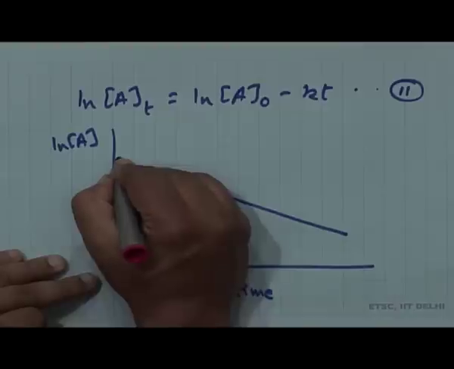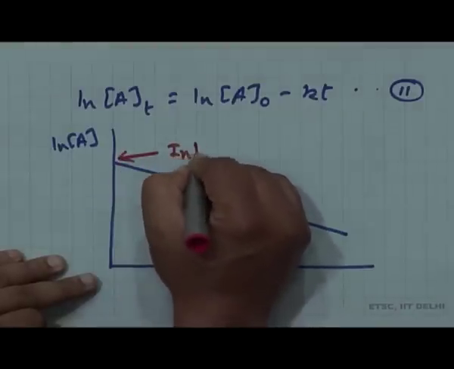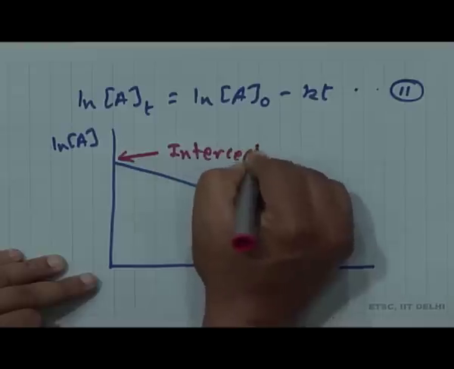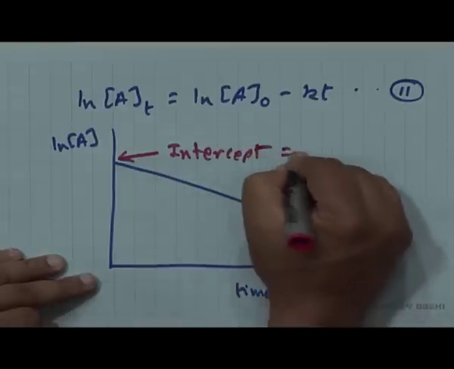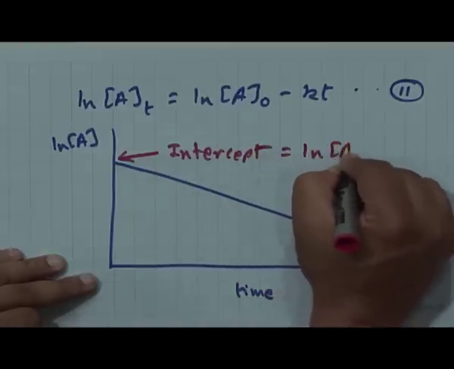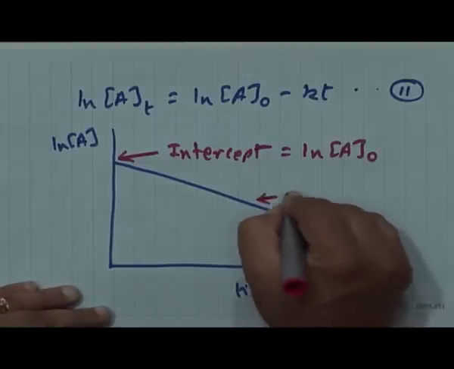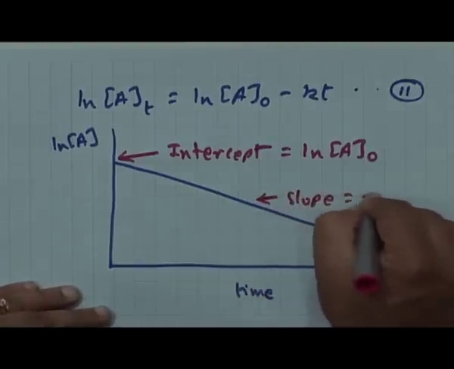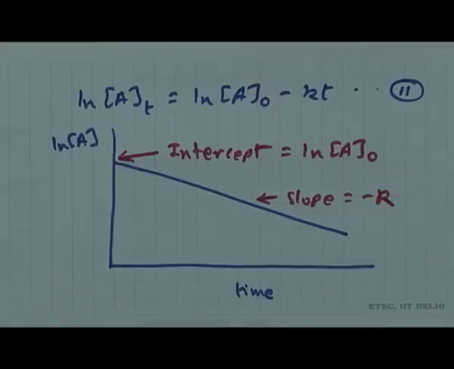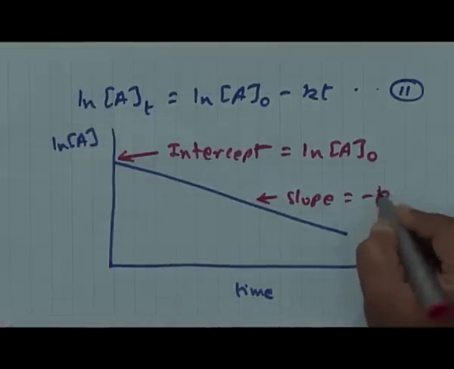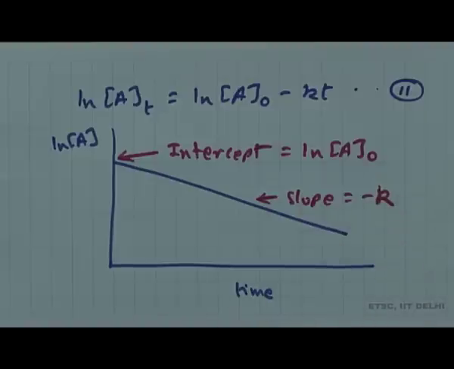One is I get the intercept. What is the intercept? The intercept is ln A naught, and from the slope, this is equal to minus k. So, the slope is negative, and hence from the slope we get the value of the rate constant, which is k.